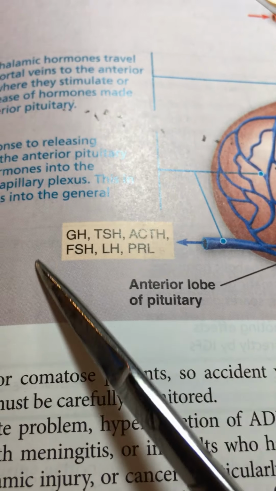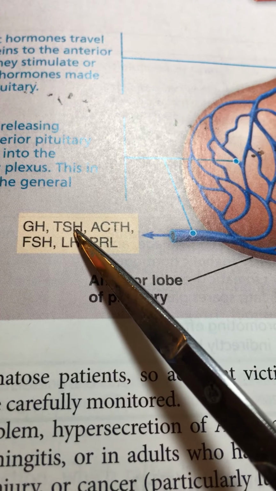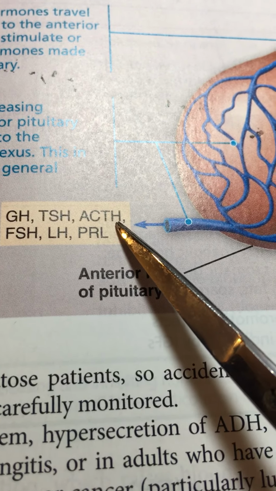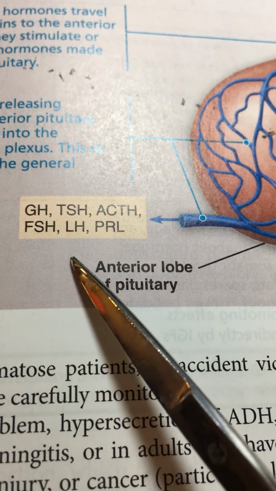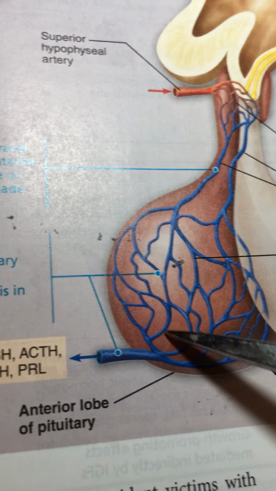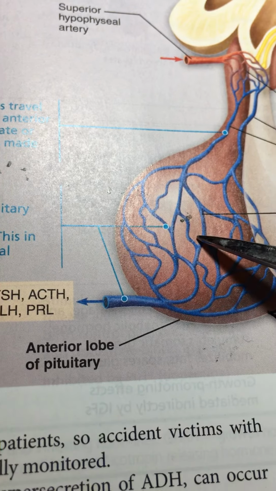Okay, here we have this alphabet soup of molecules: growth hormone, thyroid stimulating hormone, adrenocorticotropic hormone, follicle stimulating hormone, luteinizing hormone, prolactin. So we're going to be having populations of cells that produce those molecules.